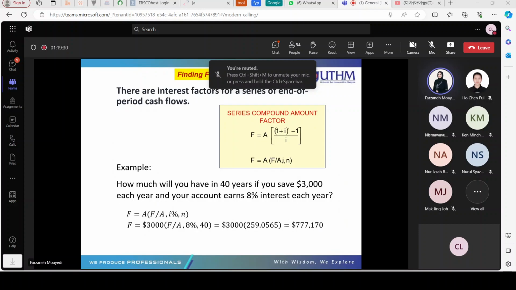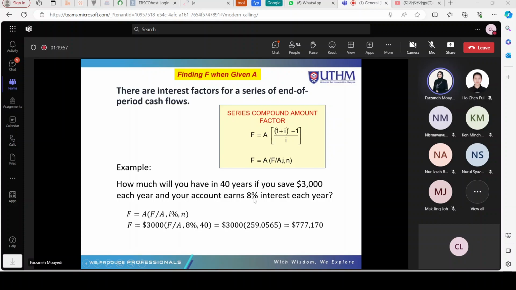Okay, so the first example is: how much will you have in 40 years? So directly you can see that you have been asked for the future. How much will you have in 40 years if you save 3,000 each year and your account earns 8% interest each year?